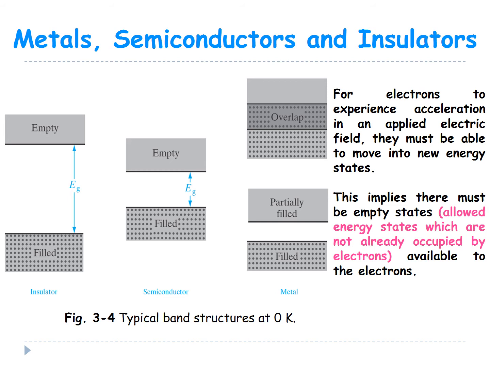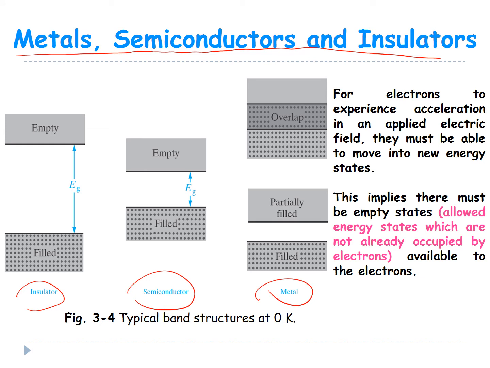Now we can use this simple representation to distinguish metals from semiconductors and semiconductors from insulators. So here we have three illustrations. One is for an insulator, one is for a semiconductor, and one is for a metal.